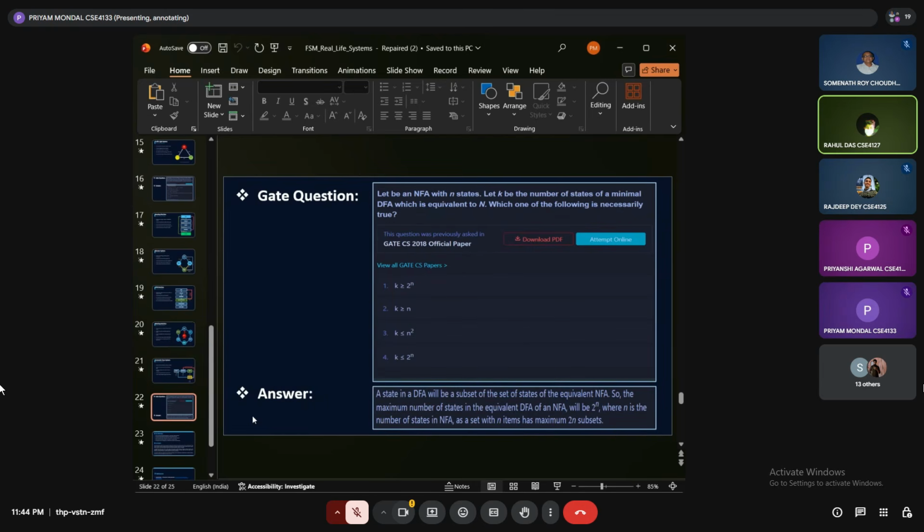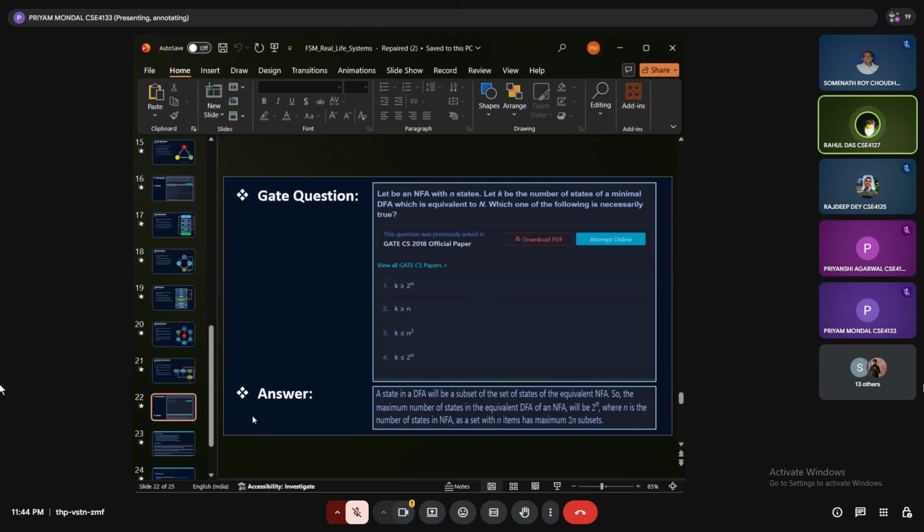Now let's discuss the GATE question. Let N be an NFA with n states. Let k be the number of states in a minimal DFA which is equivalent to N. Which one of the following is necessarily true? So we know that the states of the DFA will be subsets of the set of states of the equivalent NFA.